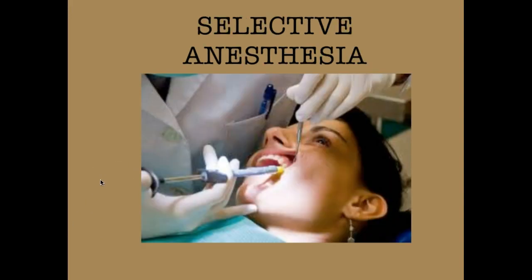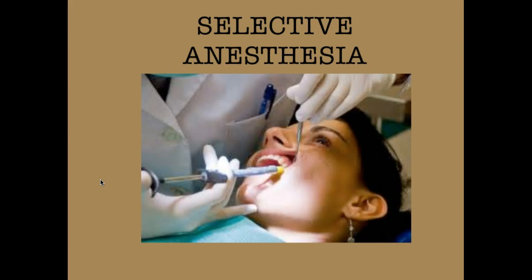Selective anesthesia. Once in a while when a patient just isn't reacting definitively to some of the other vitality tests, the doctor could actually anesthetize a quadrant and see which tooth is not getting anesthetized. When a patient has an abscess or severe infection, it's usually difficult for the doctors to anesthetize that tooth because of the pH difference.